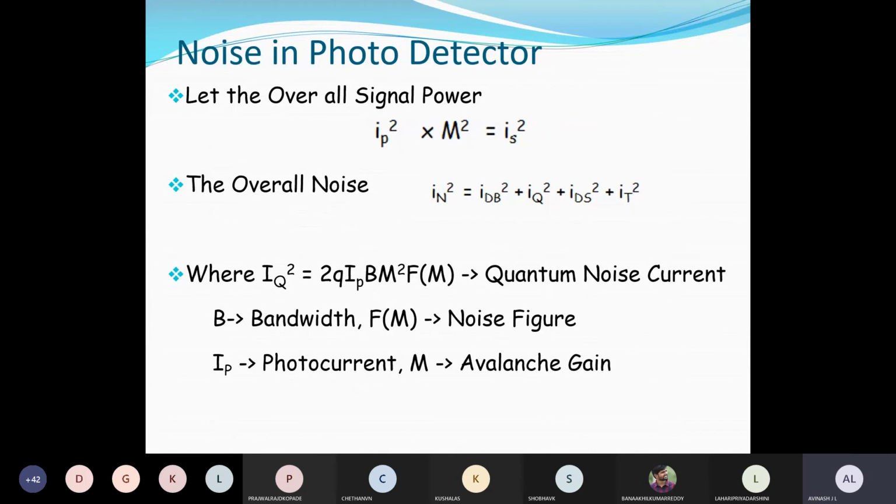Here B stands for bandwidth, F of M stands for noise figure, IP stands for photocurrent, and M stands for avalanche gain.